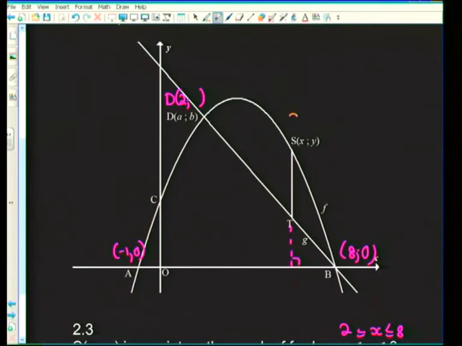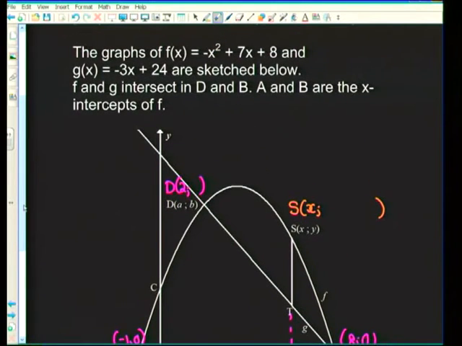This coordinate here, S, will have the form of x, and whatever that x was, to find the y, I would substitute into the equation which I've got, which is minus x squared plus 7x plus 8. Likewise, over here, the T would also be x, but to find the y that goes with it, I would substitute into the g of x equation. So it's minus 3x plus 24.